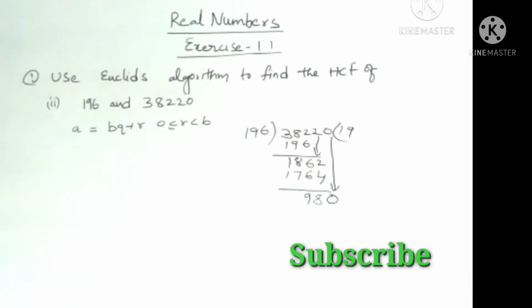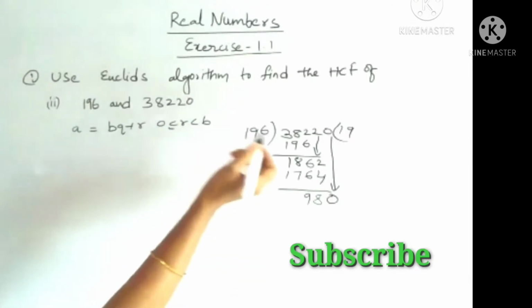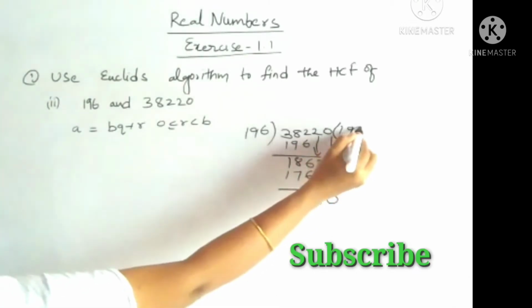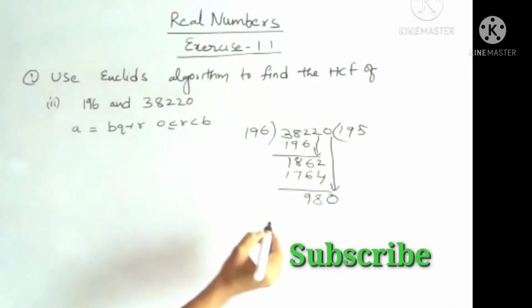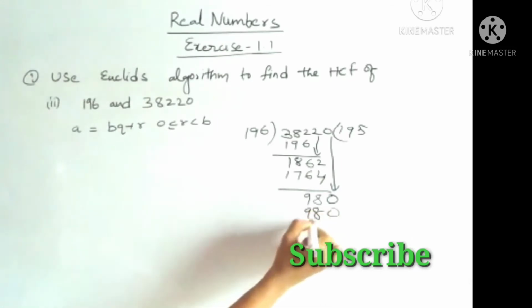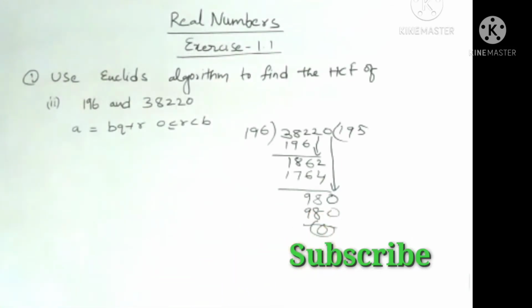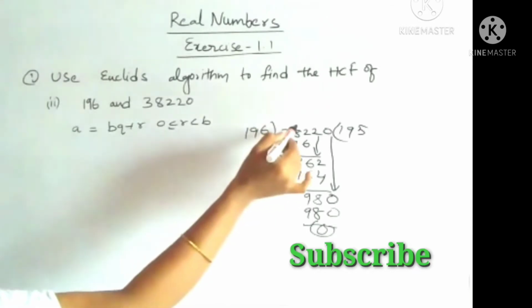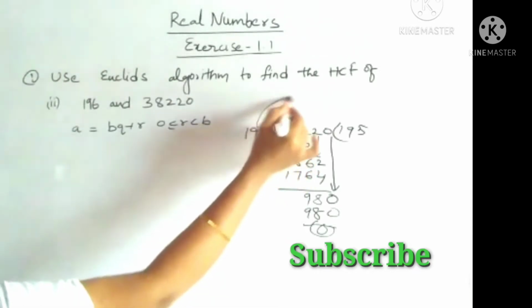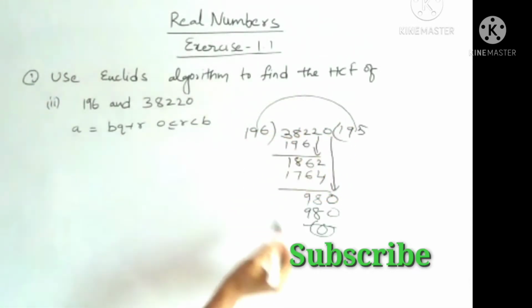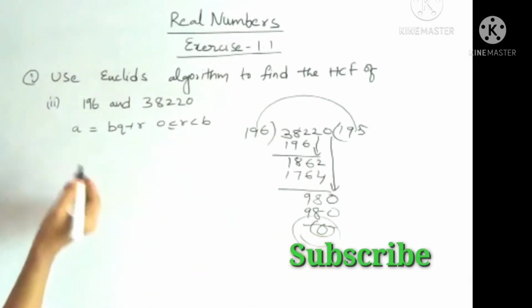So we should continue. 196 fives: 196 times 5 is 980. So here this is dividend, divisor 196, quotient 195, remainder 0.